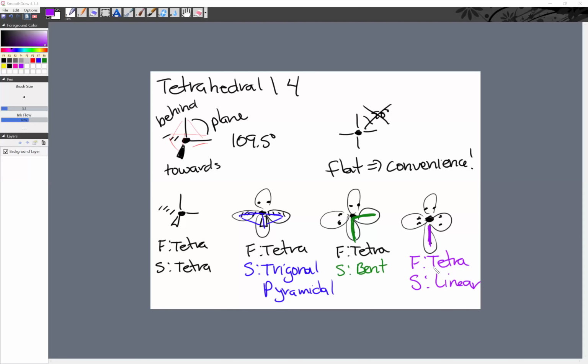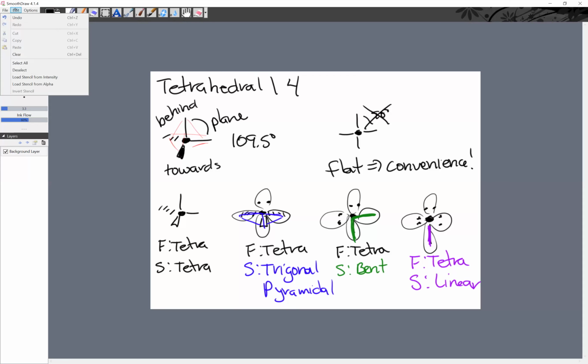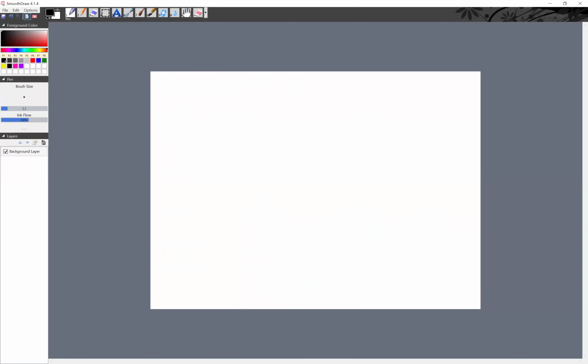Now, the first time we have to worry about the family having a different shape in different locations is with family 5 and family 6. So pull that out. And family 5 is also called trigonal bipyramidal because it's two triangles that make pyramids sitting on top of each other.